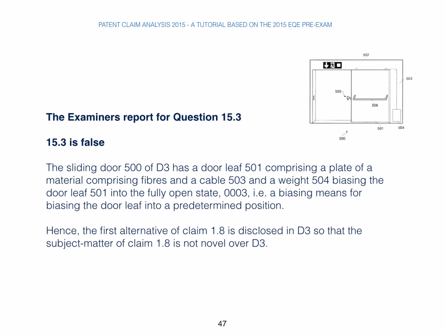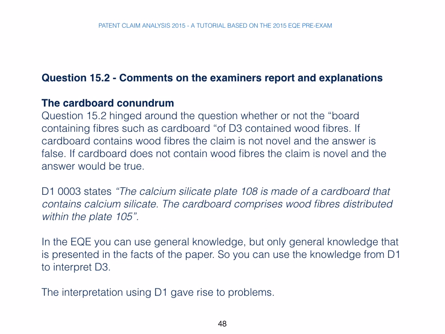Next, some comments on the examiner's report for question 15.2. I have referred to this as the cardboard conundrum. Question 15.2 hinged around the question whether or not the, in inverted commas, board containing fibers such as cardboard, close inverted commas, of D3 contained wood fibers.